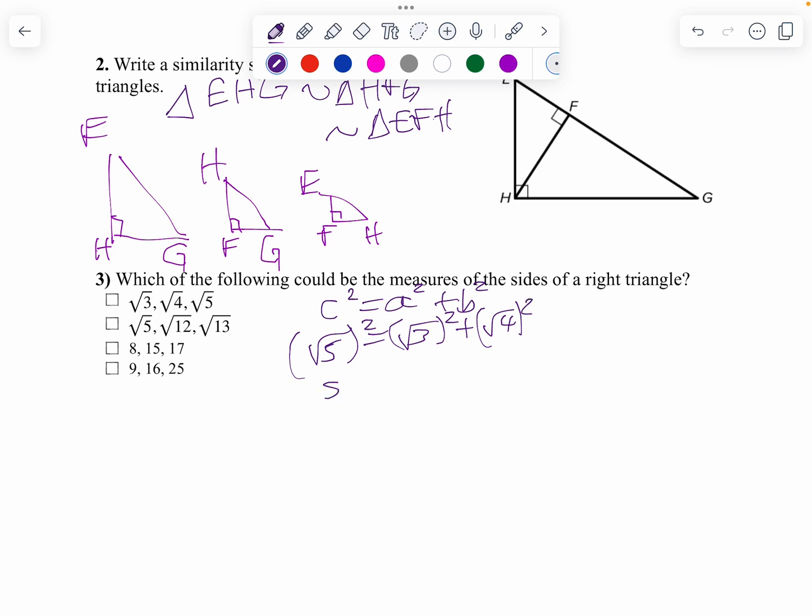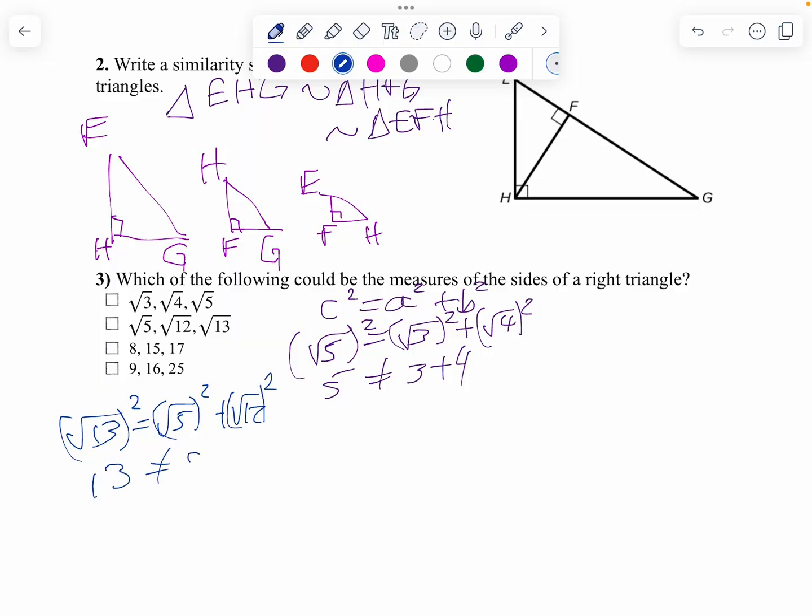No, 5 does not equal 3 plus 4. And then my second one, we kind of go through the same thing. Does the square root of 13 squared equal the square root of 5 squared plus the square root of 12 squared? 13 does not equal 5 plus 12.